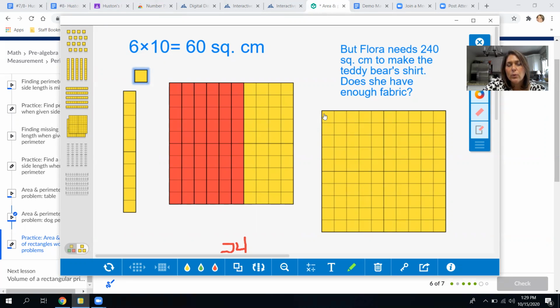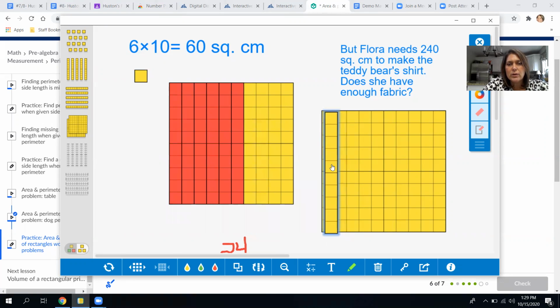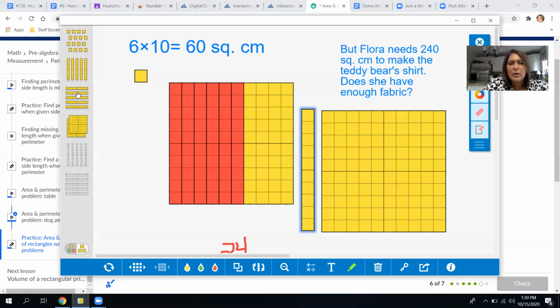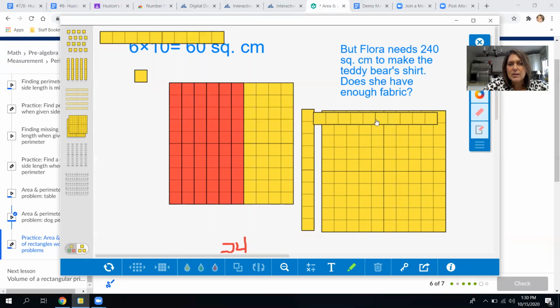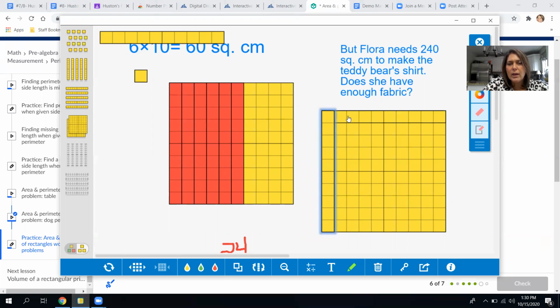We know that it is 1, 2, 3, 4, 5, 6, 7, 8, 9, 10. It is the length of a base 10 strip, and it is also the width of a base 10 strip.